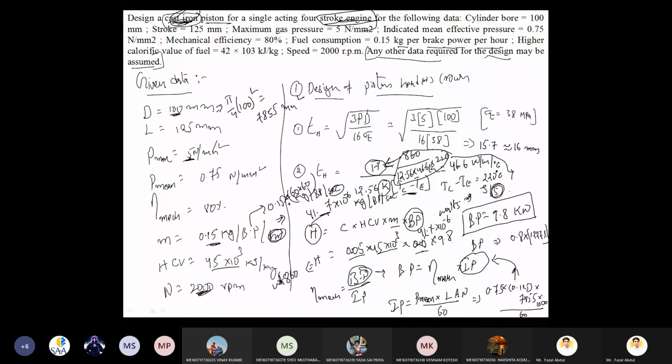Okay, this is the answer based on the heat dissipation criteria, and this is 16 mm based on the strength criteria. So what I said in the design procedure, between these two TH values, this is the TH value based on the strength, and this is the one based on the heat dissipation criteria.